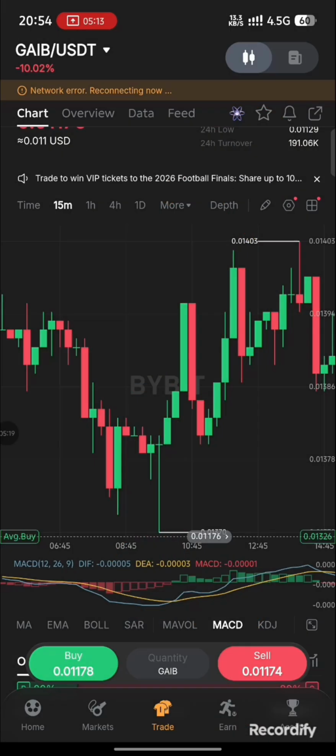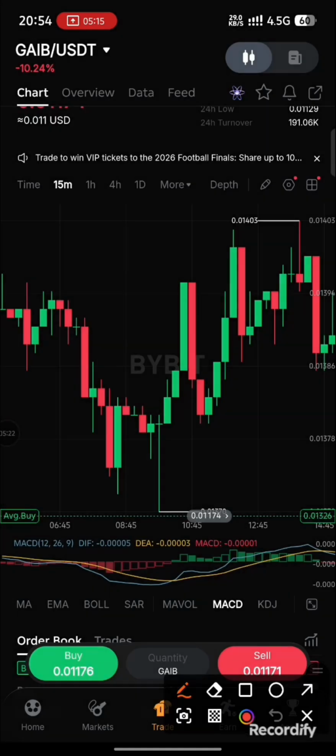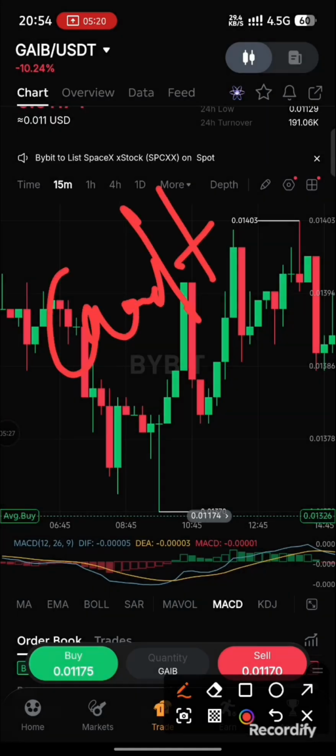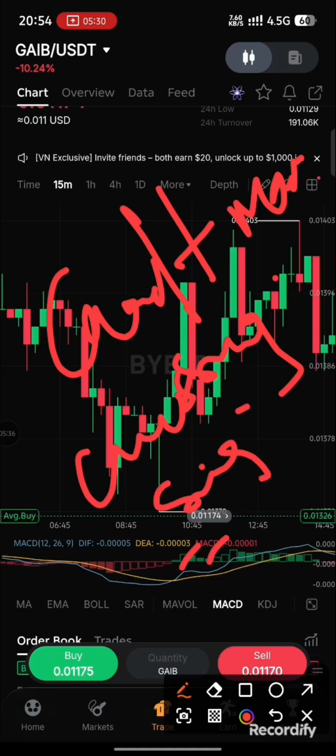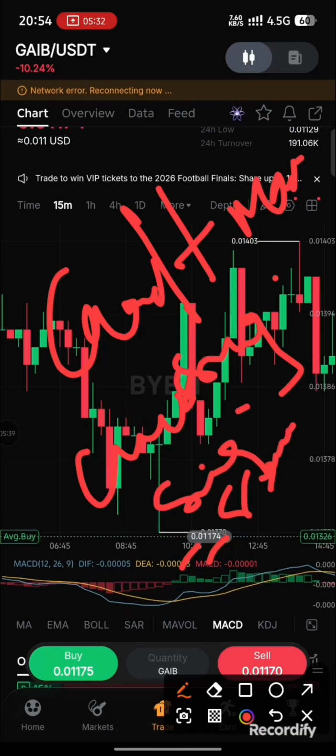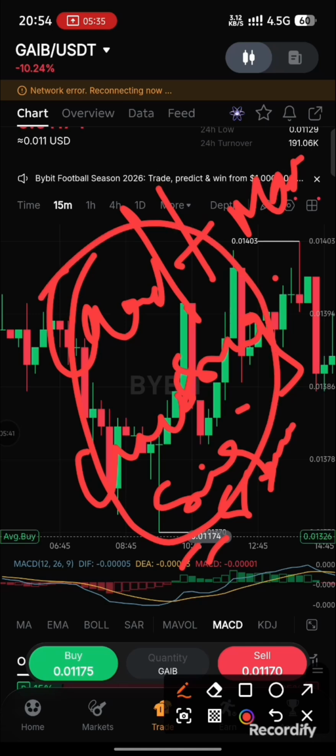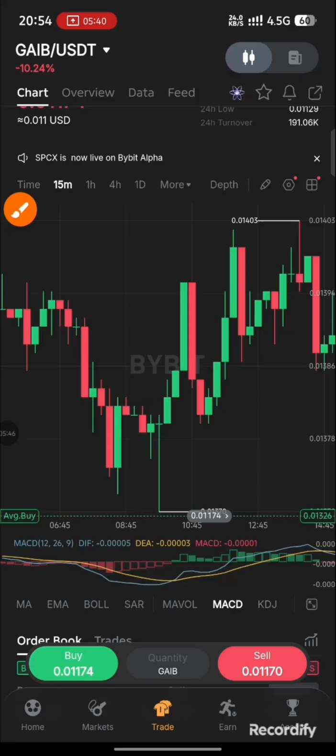So a candle with the hammer plus the MACD line crossing the signal line equals a reversal. That is an upward trend. So you must concentrate on these particular ones if you really want to make a successful trade.